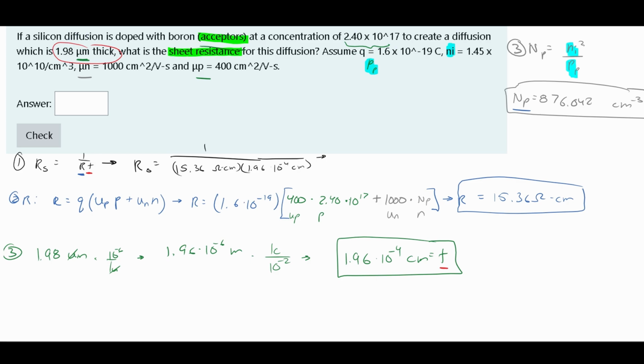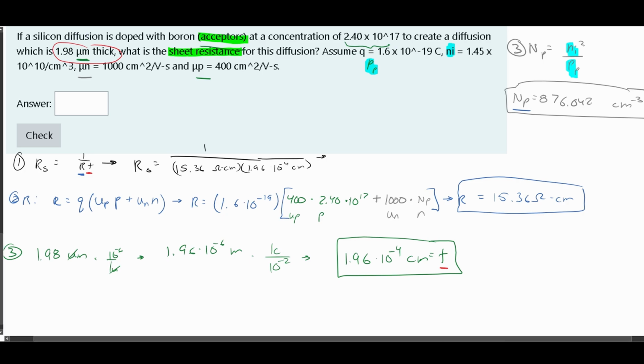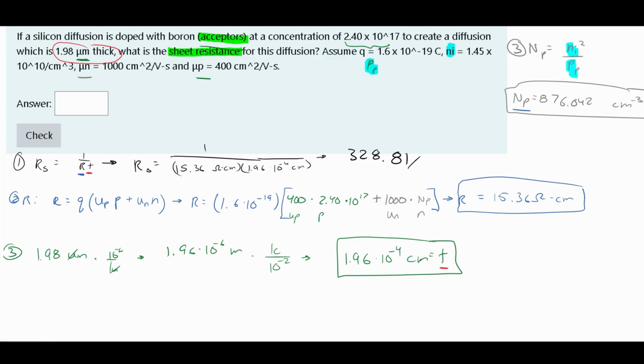So that's how we would solve it. We just plug everything in. After we plug everything in, for this specific question with these specific values, we get 328.81, in ohms per square.